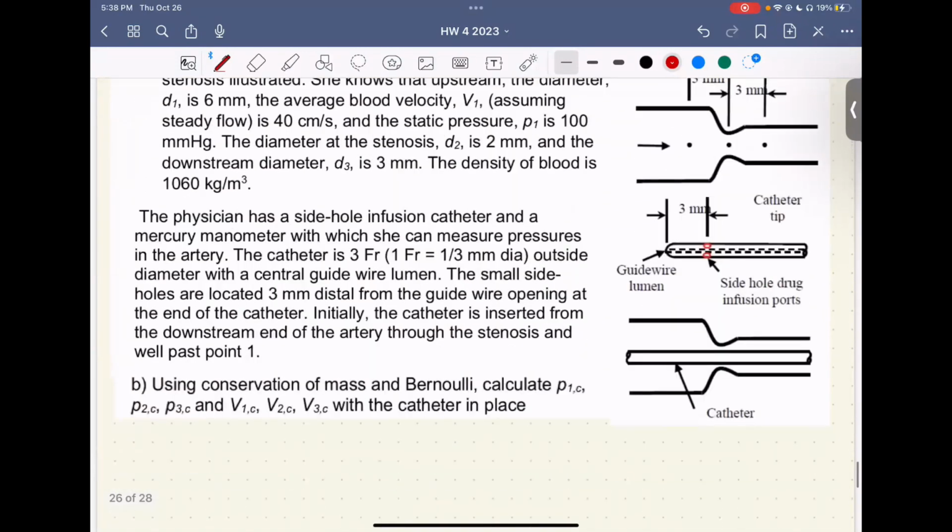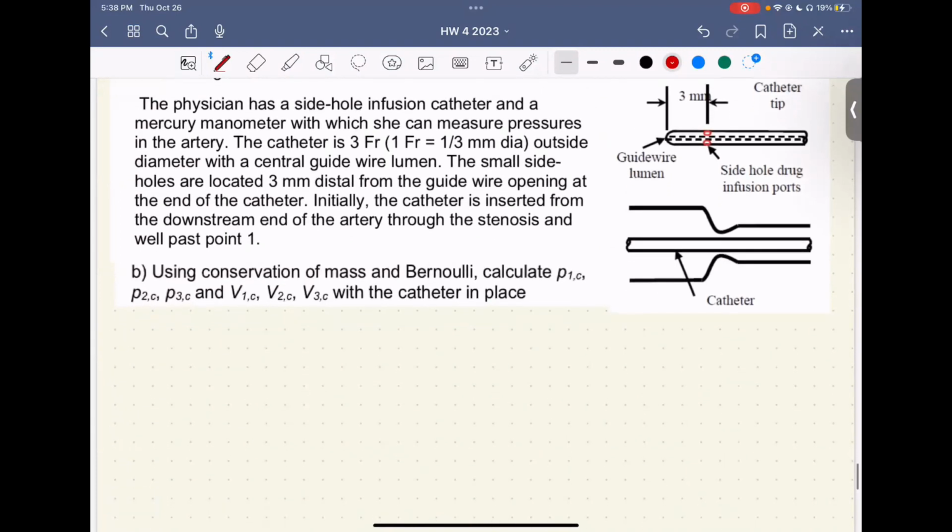Part B is asking us, use the conservation of mass and Bernoulli, which is energy, and it wants us to calculate the pressures P1C, P2C, P3C, and V1C, V2C, V3C, the velocities, with the catheter in place.